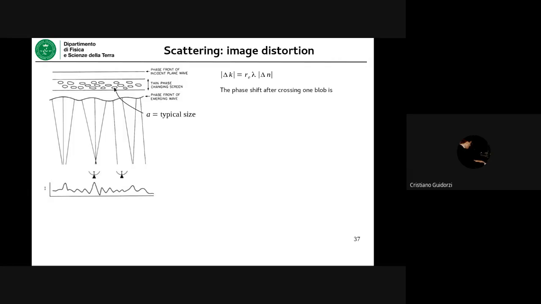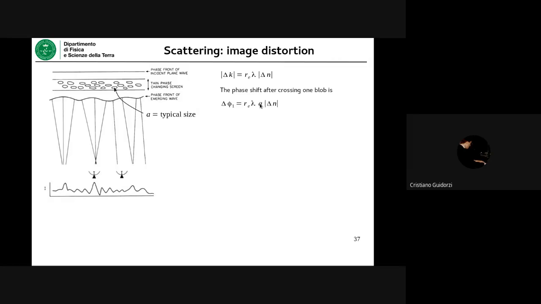So how can we estimate the phase shift? Well, the path traveled by the wave is the same; in particular, we consider the typical blob size. As I said, a is the typical size. If you imagine these two waves crossing the same blob, because of the different wave number, the corresponding phase shift is just the wave number times the length traveled.